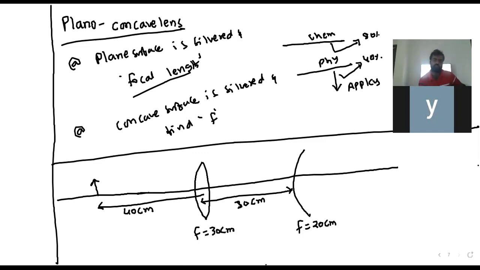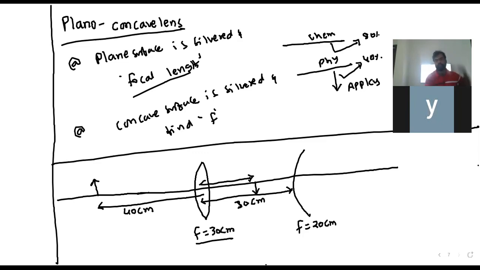So here, they gave the initial object distance and the focal length of the lens. I need to find the image formed by the lens. Suppose it is formed here; this distance I need to find.